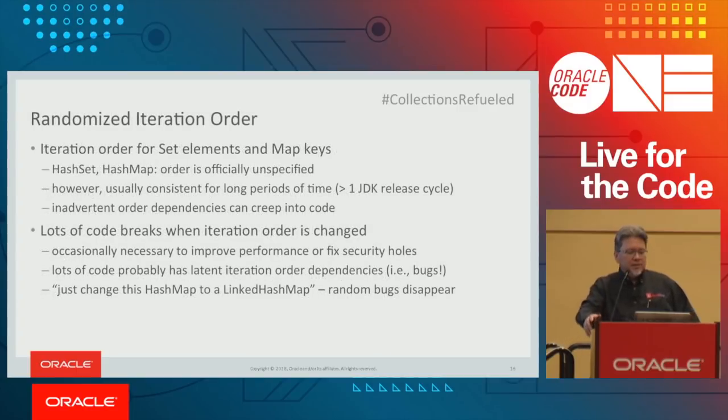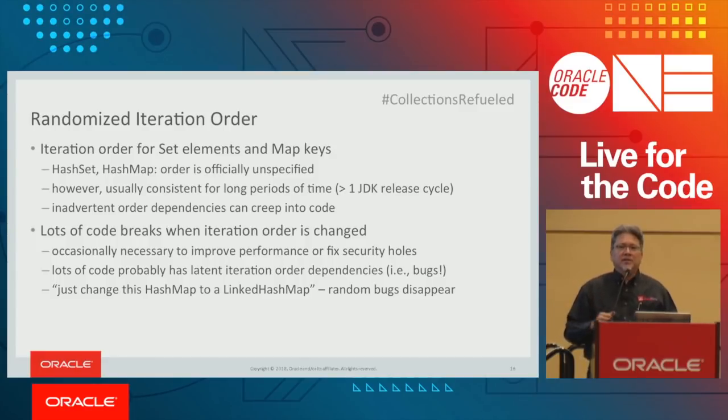All right, randomized iteration order. I think I talked about some of this already. Officially, the iteration order is unspecified. And so things break when the iteration order is changed. Even though the specification says that the iteration order is unspecified, from our point of view in the JDK, we can say, hey, it's not specified, so that means we can change it anytime we want, right?